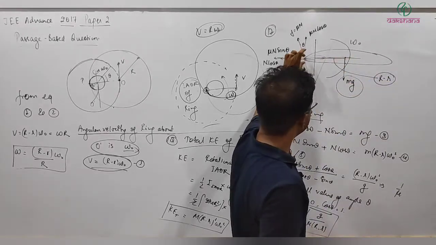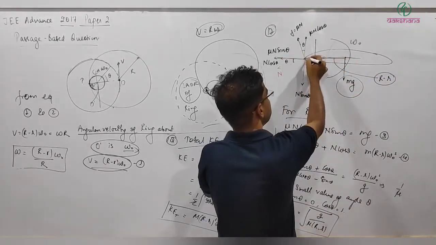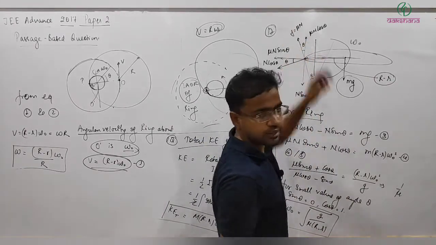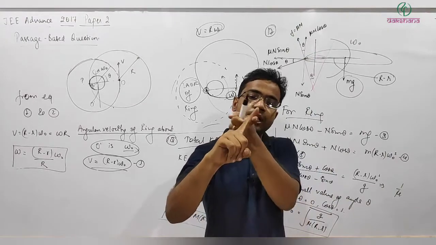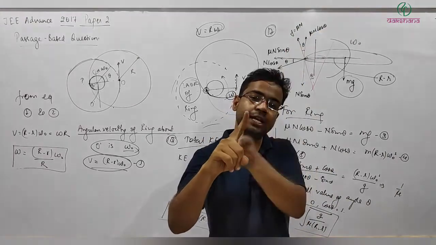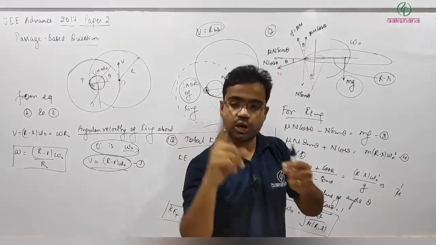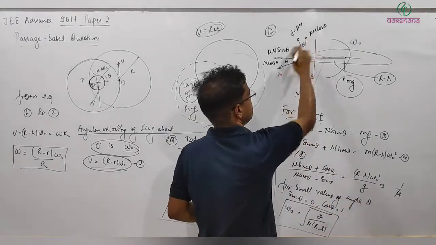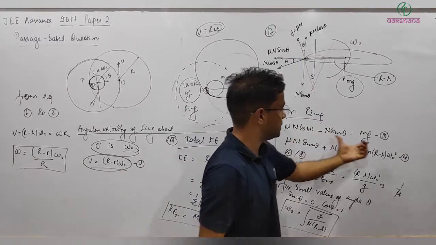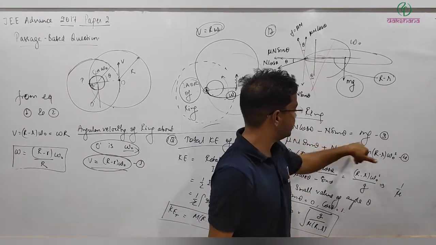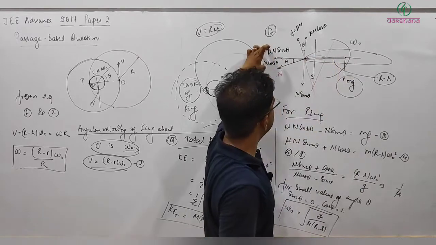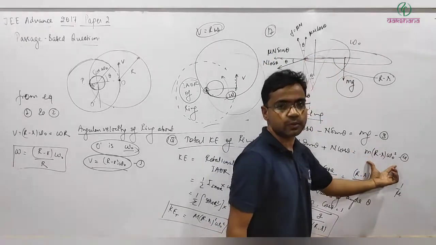Now for force balancing, you can understand that normal and friction will be acting. If the finger is this way and this is the ring, then friction will be acting along this direction and normal in this direction. Resolving into components, we get this relation from vertical balancing, and the horizontal force provides the required centripetal force.